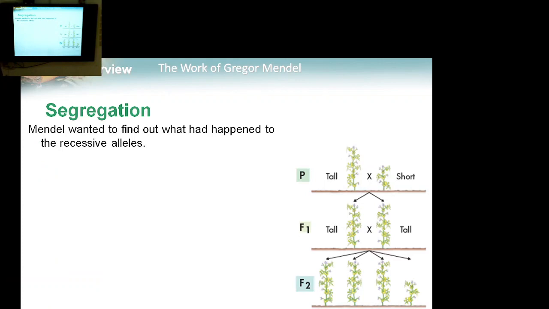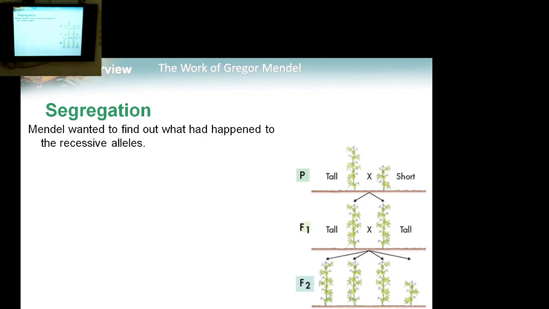That's great. Let's start with the experiment of Mendel. He wanted to find out what had happened to the recessive allele. What will happen to the shortness once he mated the parents together to form the F1 generation? So he made an F2. He hybridized the two offspring in the F1 generation to get the F2 generation.